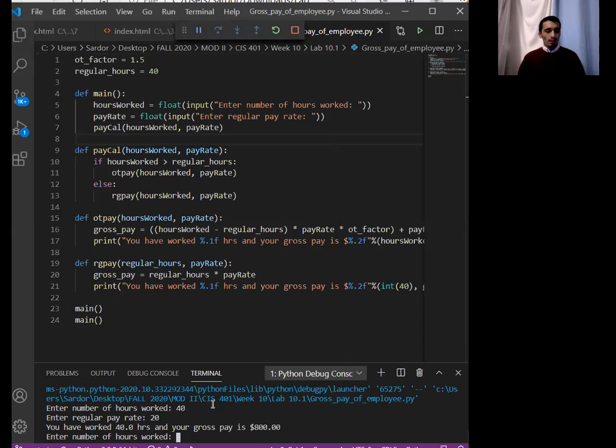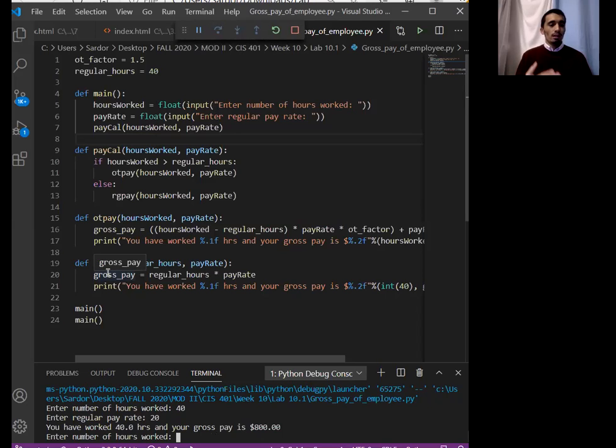Yes, we have worked 40 hours, which shows us the hours the worker has worked and the gross pay. That is for regular pay because we're including within 40 hours. Now, let's say it is above 40 hours.